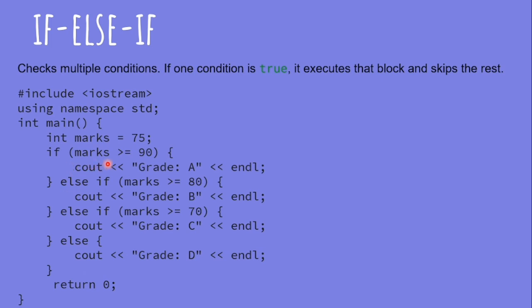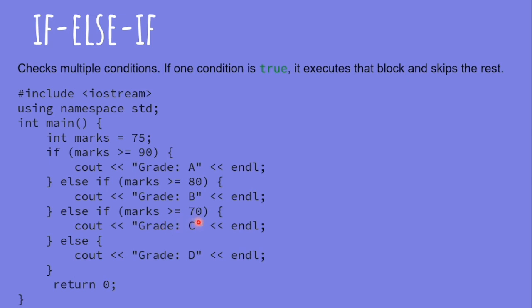For example, marks is 75. It is not greater than or equal to 90, so this if condition will be skipped. Now it moves to the else if condition. If marks is greater than or equal to 80, no, we know that 75 is less than 80, so this statement also gets skipped. Now it moves to the third else if condition.